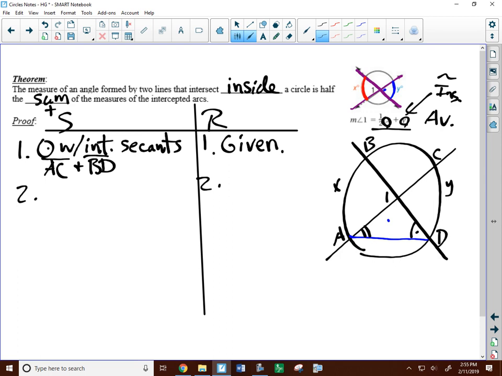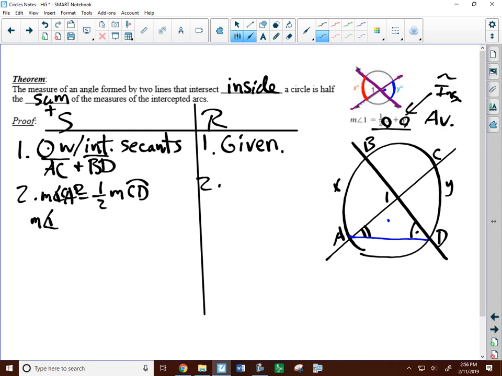So I'm going to use the inscribed angle theorem to help me out with that. Let's do CAD. It's half the measure of arc CD, or I could just say Y.